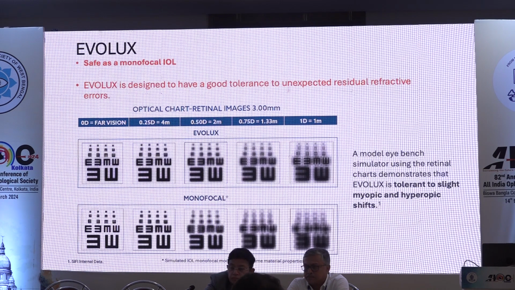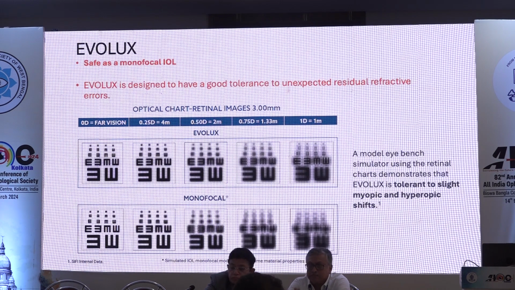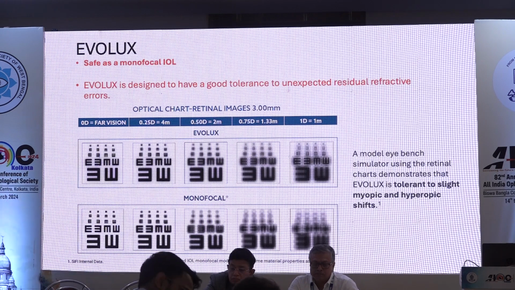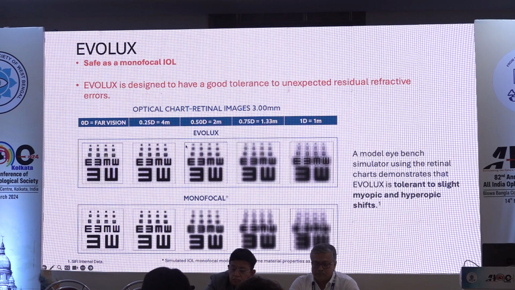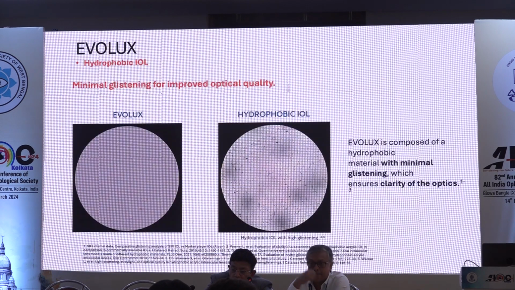As a monofocal IOL, Evolax is designed to have good tolerance to unexpected residual refractive error, as the zones are slightly bigger. If you compare the monofocal to Evolax on the optical chart, you can see the refractive error is almost similar to any kind of monofocal IOL.